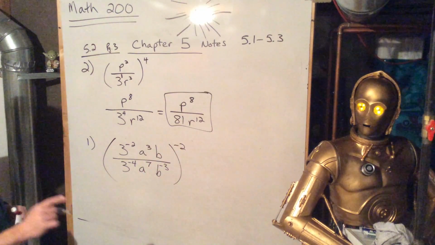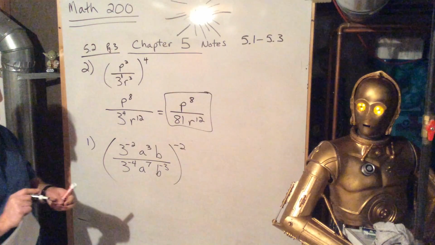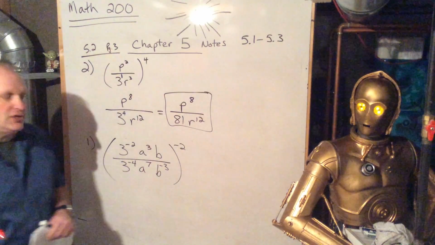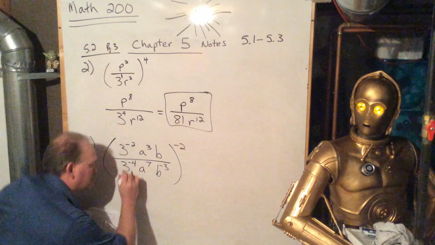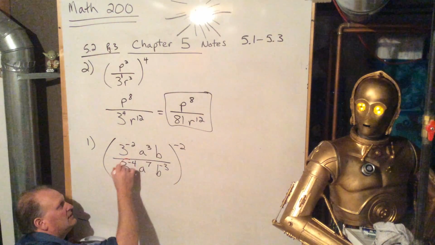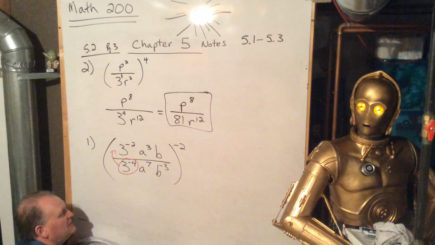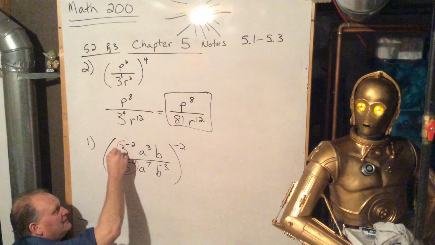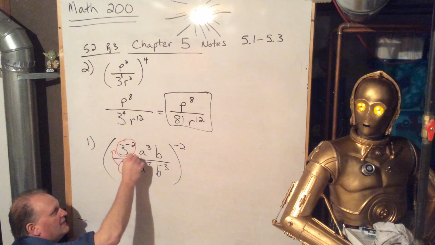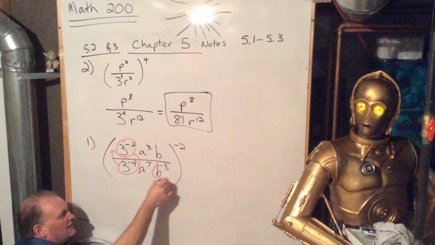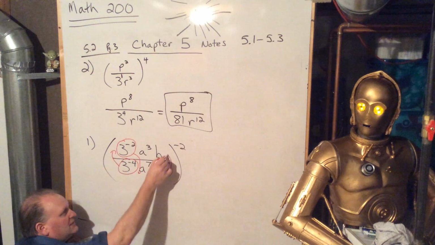So when we have negative exponents, that doesn't change the sign, that changes the position in the fraction. So this is actually going to get shipped up to the top, and then we make it positive. The price of shipping is you lose the sign. And this, we're going to ship that down to the bottom and make it 3 to the positive 2. This, we're going to ship up to the top.